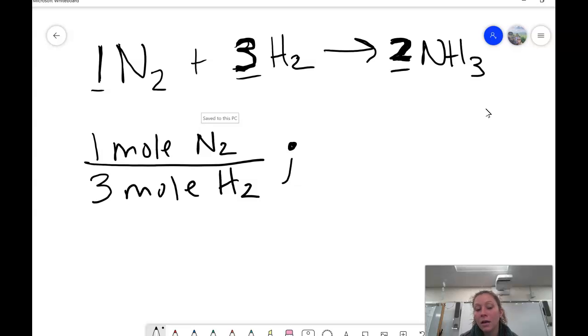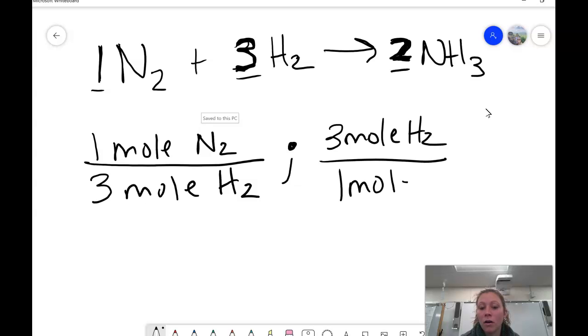So what would be the flipped mole ratio of this one that I already gave? Hopefully you came up with 3 moles of H2 over 1 mole of N2. So now I have 2 of my 6 mole ratios that I could use for different kinds of calculations with this balanced chemical reaction.